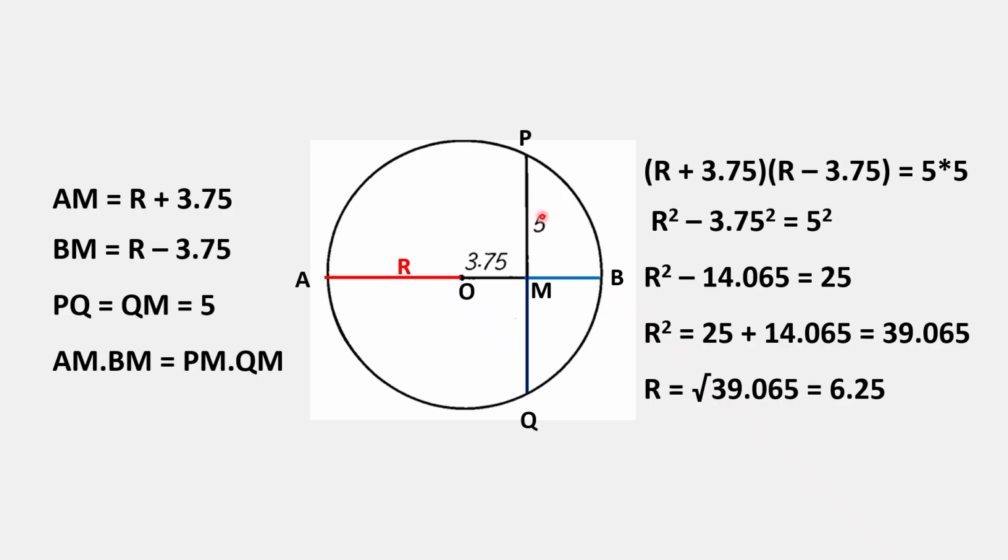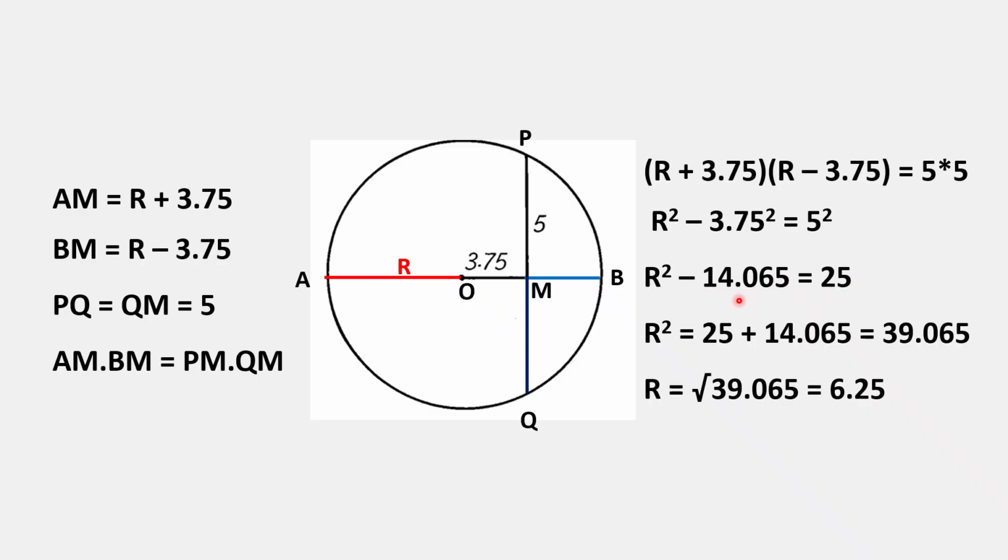Using (A plus B)(A minus B) equals A square minus B square, R square minus 3.75 square is equal to 5 square. That is R square minus, if you multiply 3.75 by 3.75, you'll get 14.065. And on the right side, 5 square is 25.